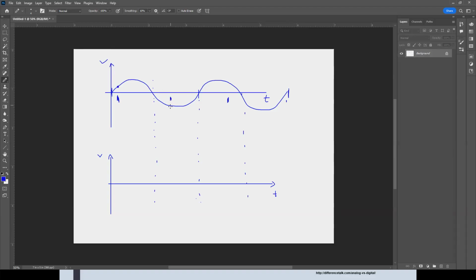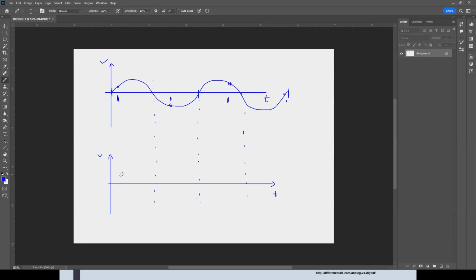At this point, we have a certain value that we have sampled. And at this point, we have a certain value here. At that point, let's say we have whatever the value of the voltage that we have sampled, and we're going to recreate this thing on the bottom axis here.